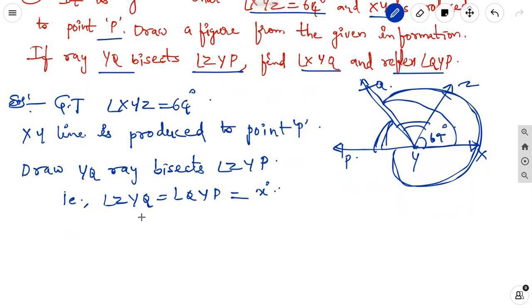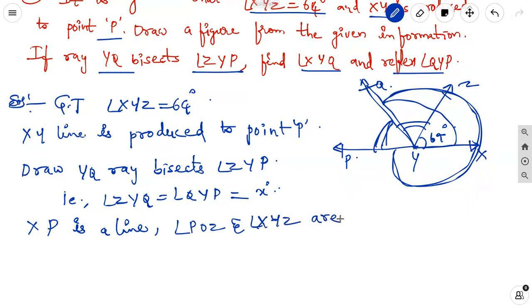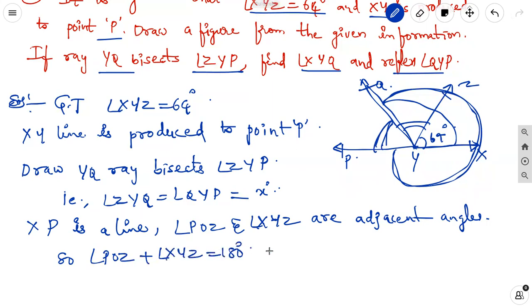Here we know that XP is a line, so angle PYZ and angle XYZ are adjacent angles. So angle PYZ plus angle XYZ equals 180 degrees.